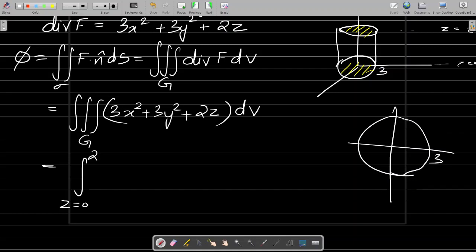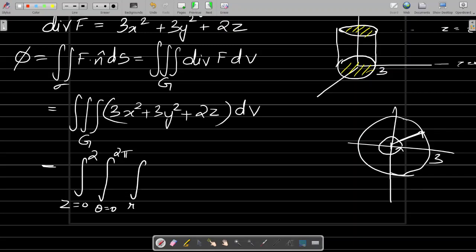Now you can use polar coordinates in this case. If I take a strip like this, moving from this point to this point, it takes a full rotation. So the limits of theta are 0 to 2 pi, and r varies from 0 to 3, since the radius of the circle is 3.